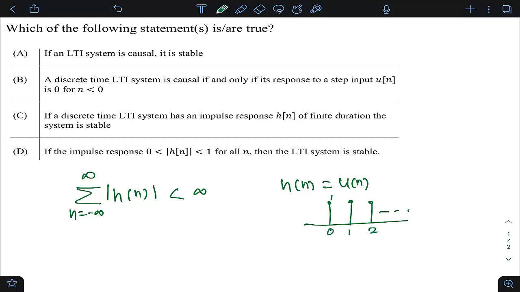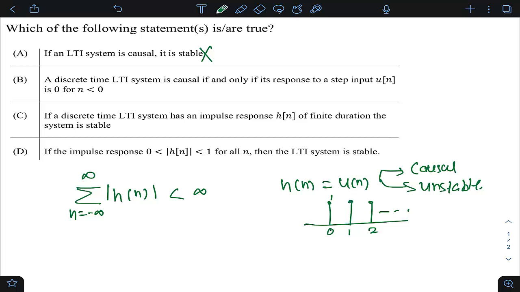This is definitely a causal system because it is 0 for n less than or equal to minus 1. But it is not stable, it's unstable, because if you add 1 plus 1 plus 1 an infinite number of times, since it exists up to n equals infinity, it will be infinite. So causality doesn't ensure stability. So this is of course a false statement.